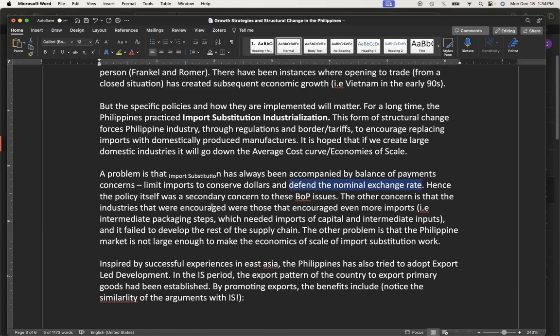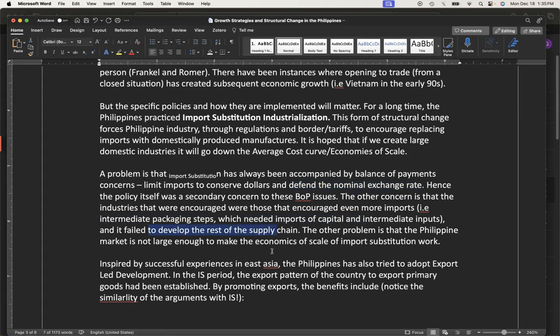Another concern is that these industries encouraged even more imports. Like we produced intermediate packing steps, which needed imports of capital and intermediate goods, and it failed to develop the rest of the supply chain.